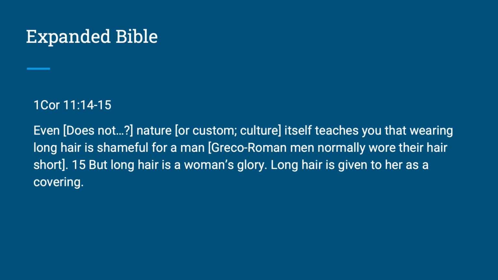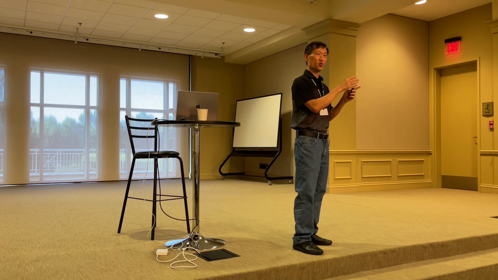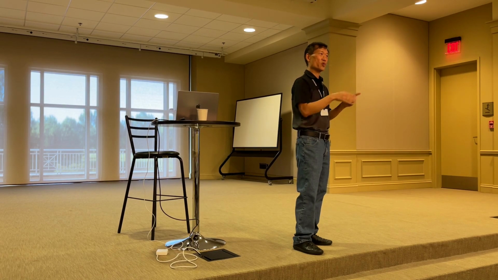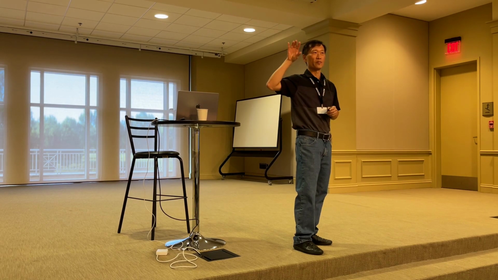It says, even does not nature or custom, culture itself teaches you that wearing long hair is shameful for a man. The Greco-Roman men normally wore their hair short, but long hair is a woman's glory. Long hair is given to her as a covering. So he was specifically writing this to a Greco-Roman audience who had short hair. And so they understood the context of what he was talking about. So he was applying this argument from their culture.